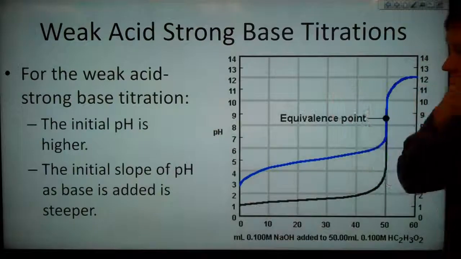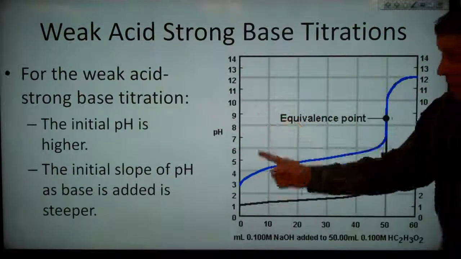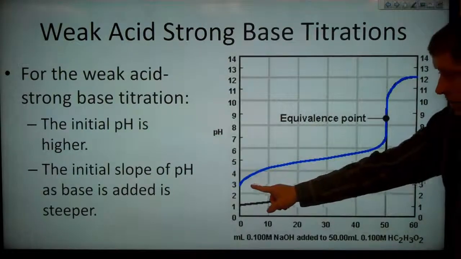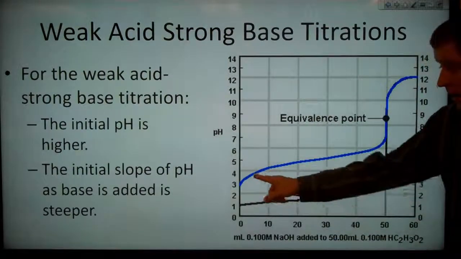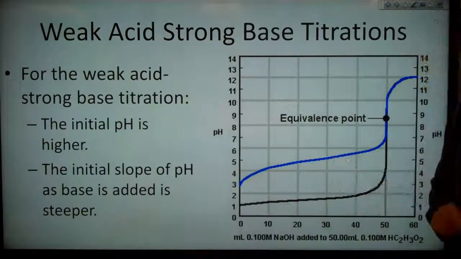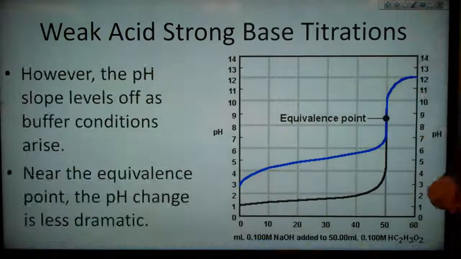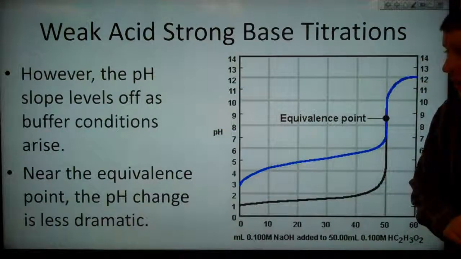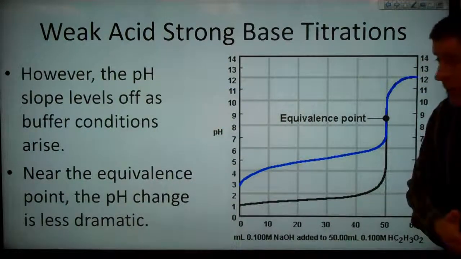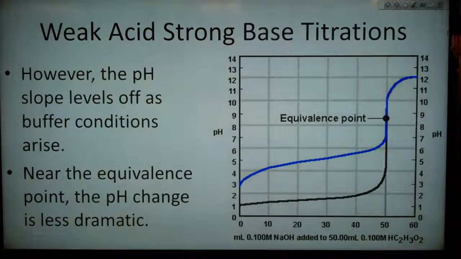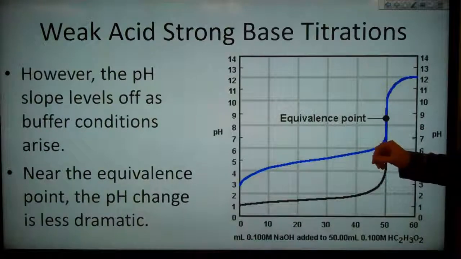So, for the weak acid strong base titration, the initial pH is higher and the initial slope of pH as the base is added is significantly steeper until we get into the buffering region. Right? So then the pH slope levels off as the buffer conditions arise, and then near the equivalence point the pH change is less dramatic.